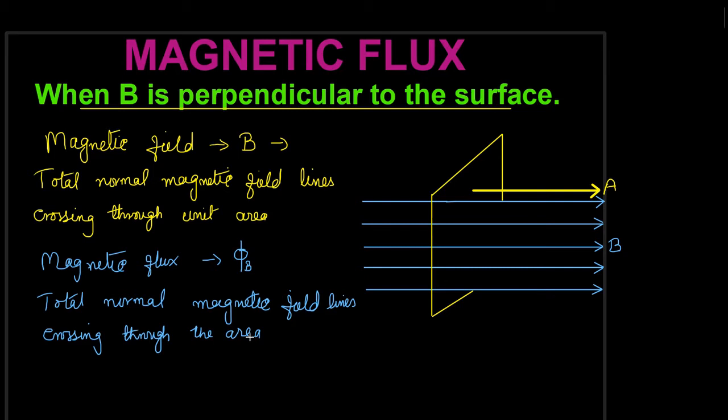Now here the area we considered is A. Now how to write the equation for magnetic flux? Suppose this is the unit area of the surface considered.